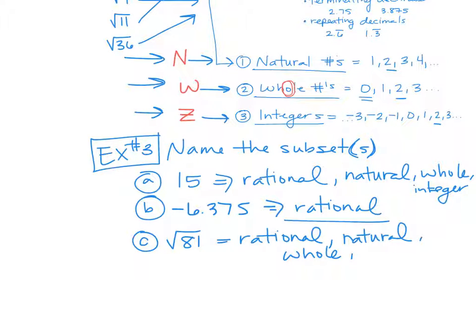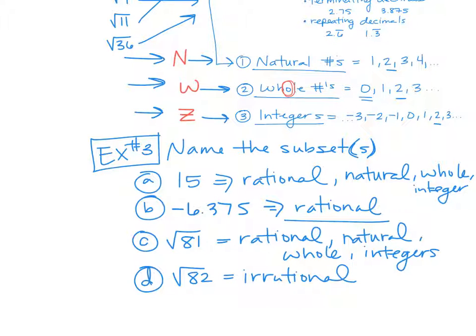Is it an integer? Yes. So that falls into all of those. Okay. Last one. The square root of 82. Irrational. If you plug that in, it's not a perfect square. So this is irrational. Okay? Questions on that?